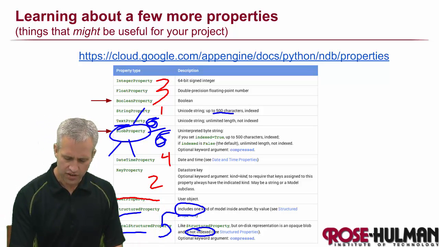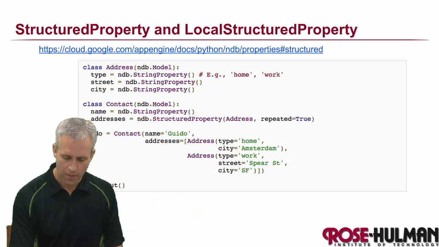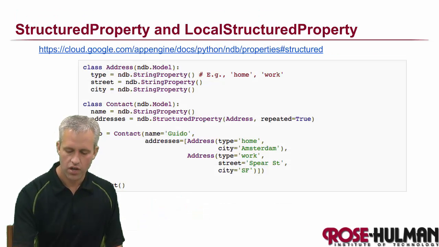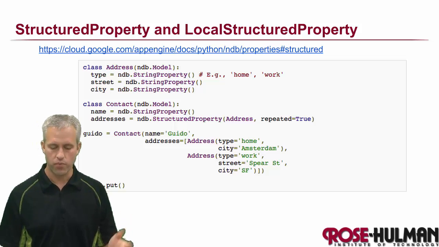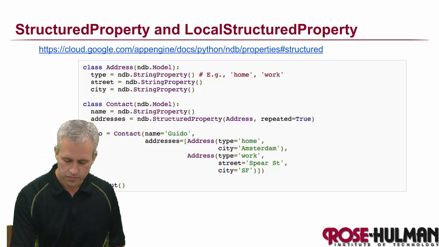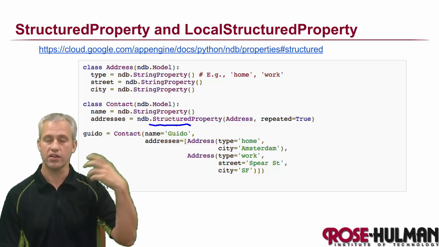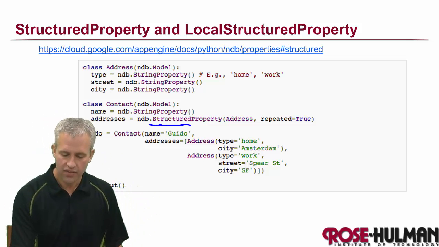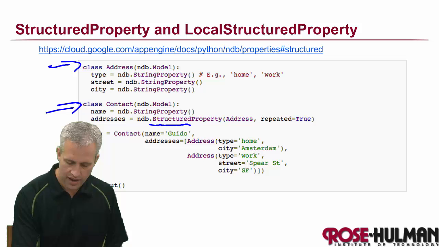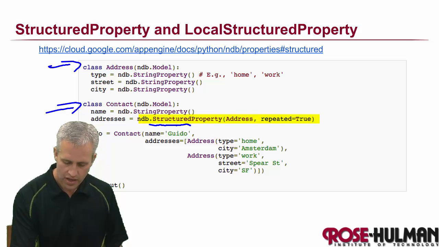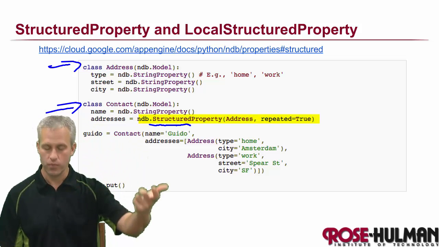All right, my next slides talk a little more about structured properties and how they work. Here's an example. Here's the structured property. They wanted this one to be indexed, so they use structured property. In this example you've got an address and a contact, and you'll notice that a contact has a property that is some other property.